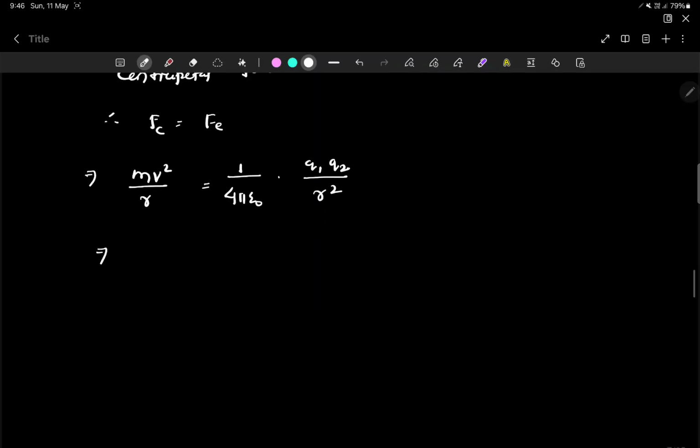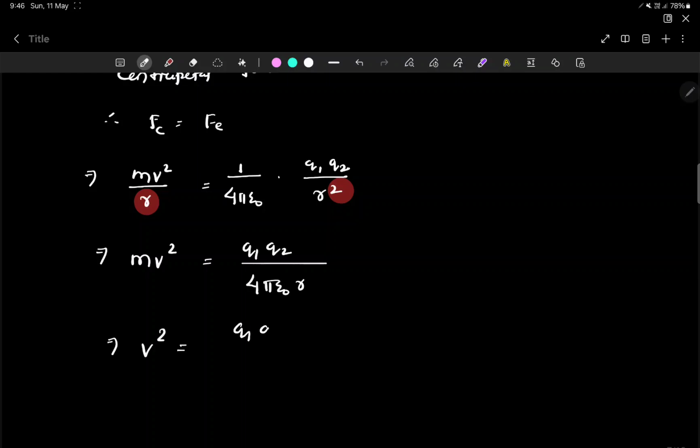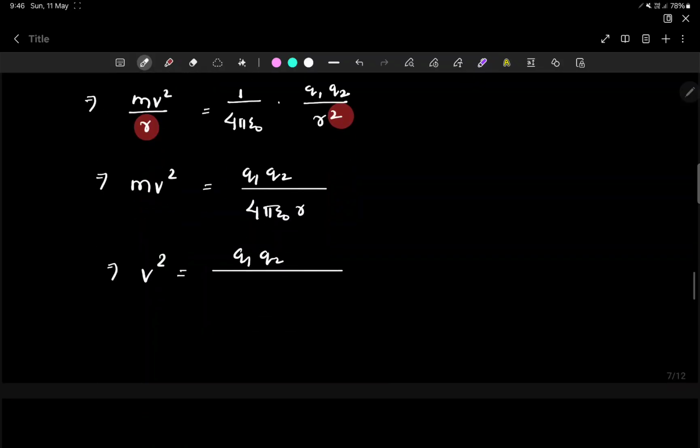Now we take out the term v. One r cancels, so we get mv² equals q1 into q2 divided by 4 pi epsilon naught r. So v² equals q1 into q2 divided by 4 pi epsilon naught mr.